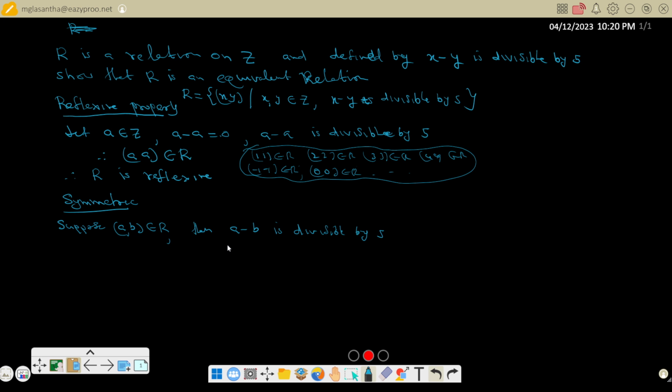If a minus b is divisible by 5, then b minus a is also divisible by 5.